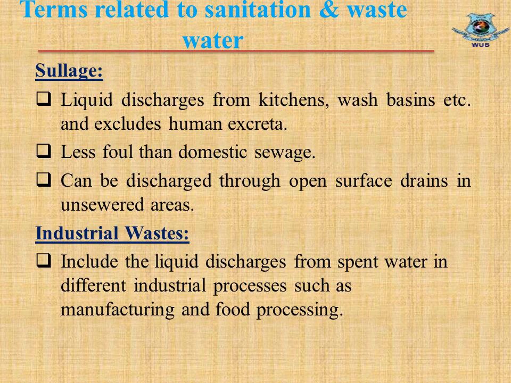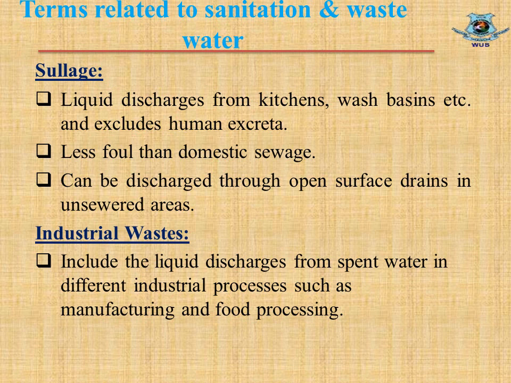Sewage. Liquid discharges from kitchens, wash basins, etc. and excludes human excreta is termed as sewage. So we can say without human excreta, all types of wastewater generated in a family or dwellings belong to this category.